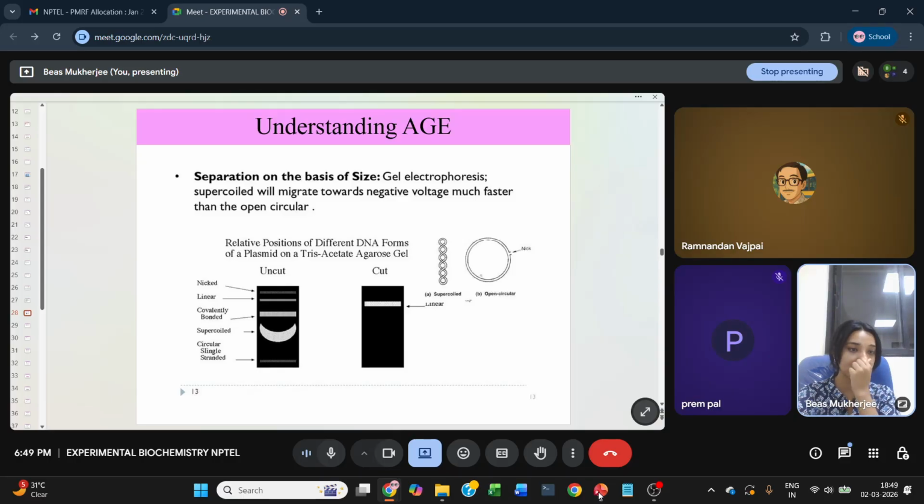Because it is single stranded DNA plus it is closed. Then you have double stranded closed DNA which is circular supercoiled, covalently bonded, then you have linear DNA, normal linear, and then you have nicked circular at the top. Okay, so nicked circular runs much higher up.